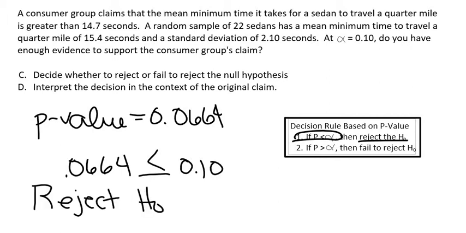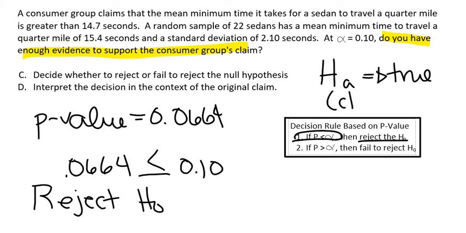So how do we interpret this decision to reject our null hypothesis in words or in context of the original claim? So the question is, do you have enough evidence to support the consumer group's claim? Remember that the alternative hypothesis was the group's claim. So since we're rejecting the null hypothesis, we're saying that the alternative hypothesis is true.